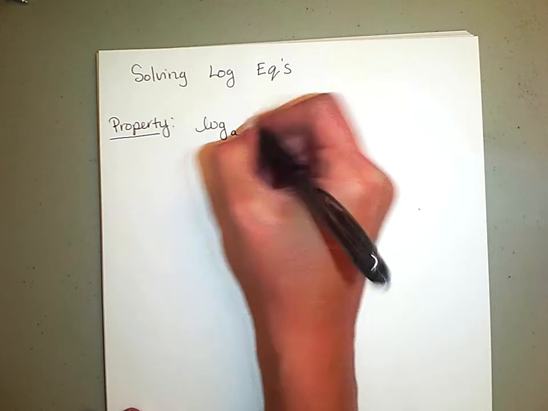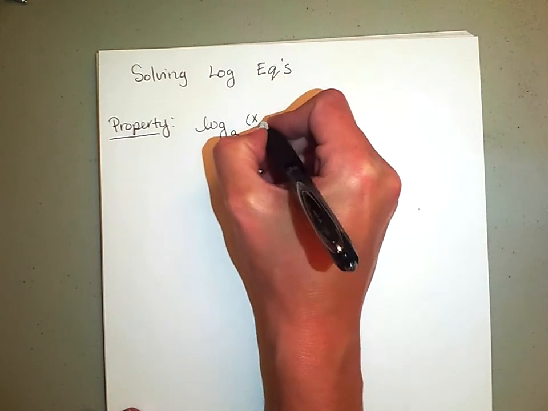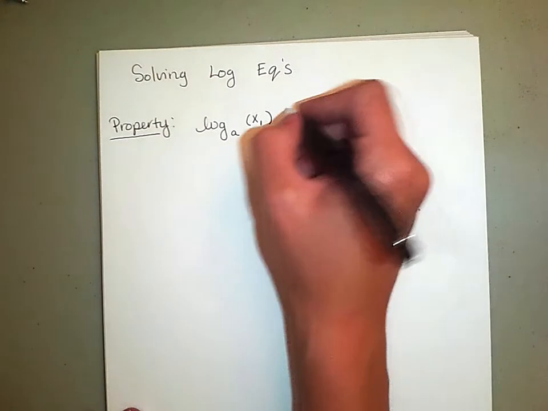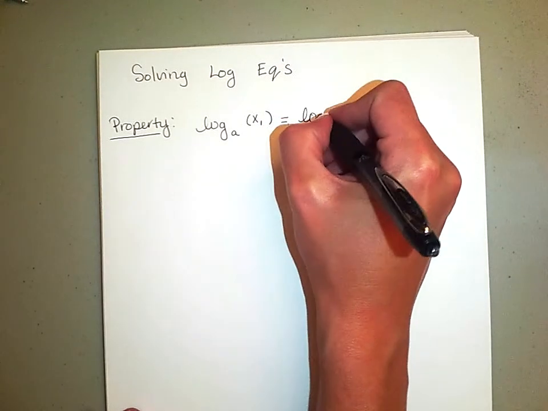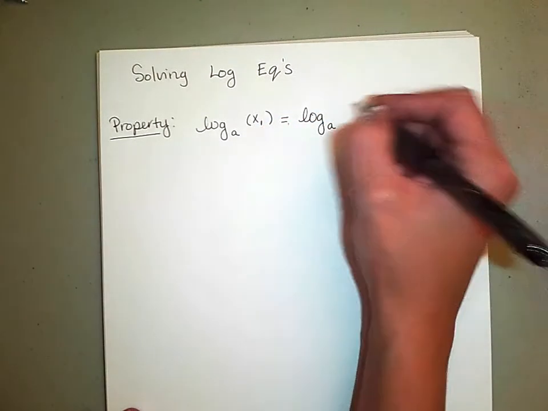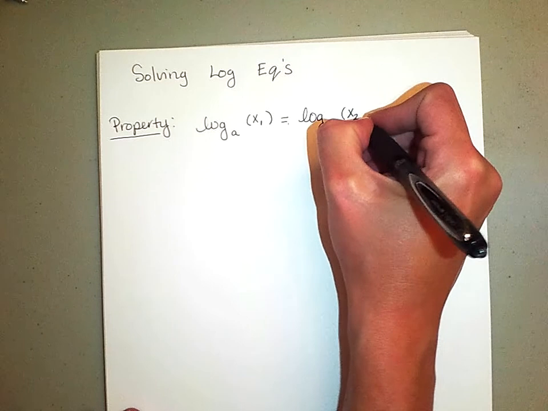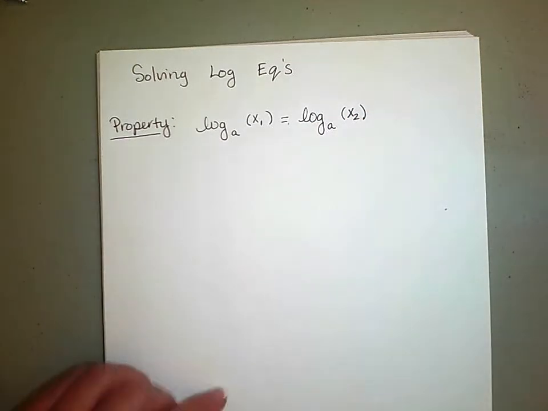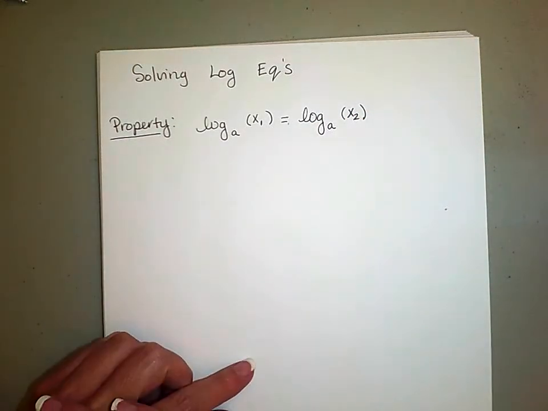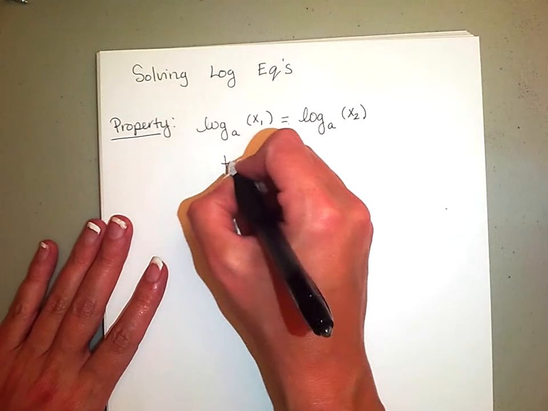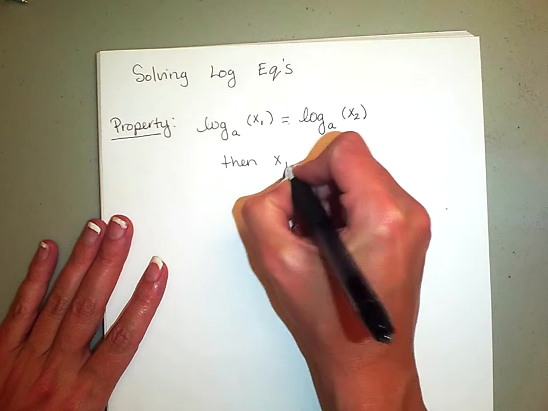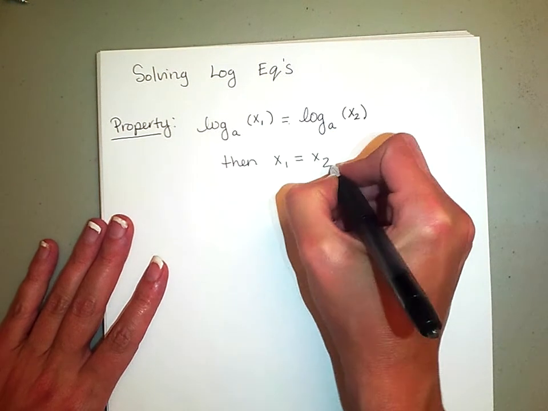So if I take the log of any base of some argument, let's call it x1, and I set that equal to the log of the same base of a different argument, then what we can say is that x1 has to equal x2.